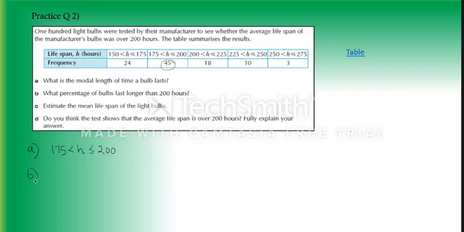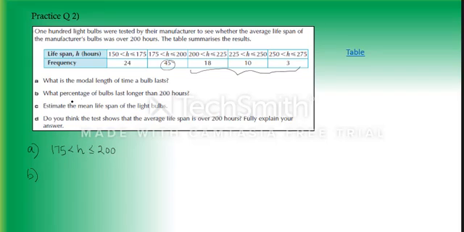Alright, for part B, what percentage of bulbs last longer than 200 hours? So for this, we actually need to add up the values over here, because these are the values for which the lifespan is more than 200 hours. So which means 18 plus 10 plus 3, which is equal to 31.